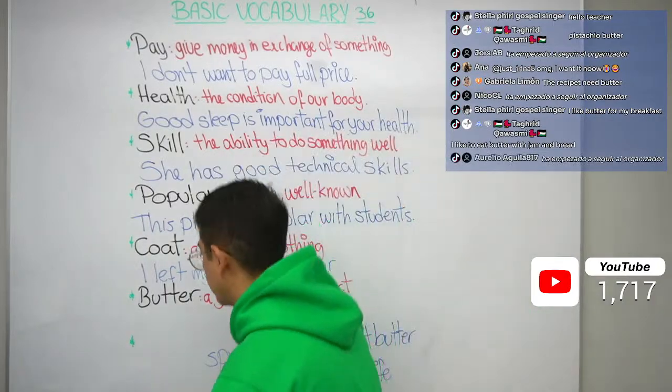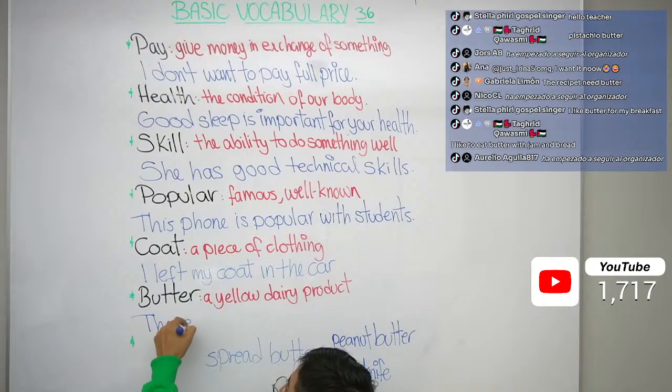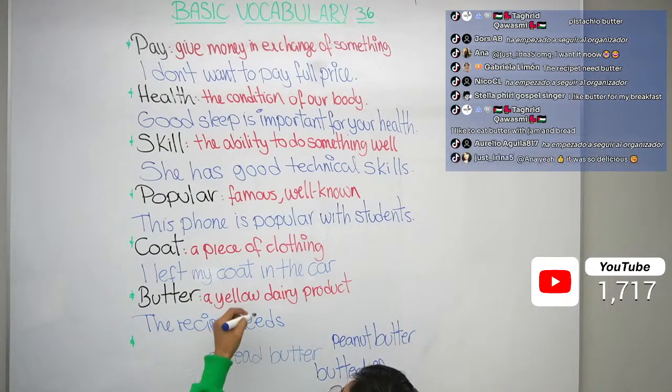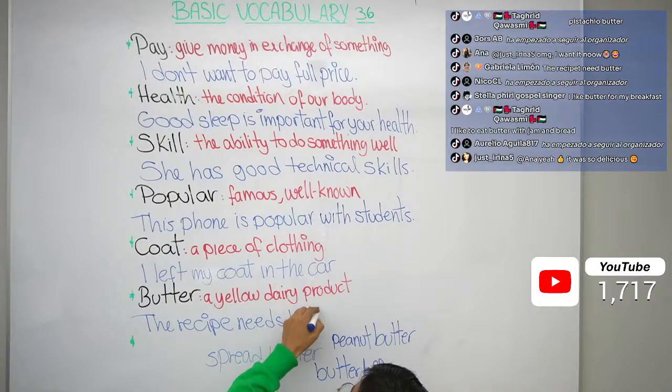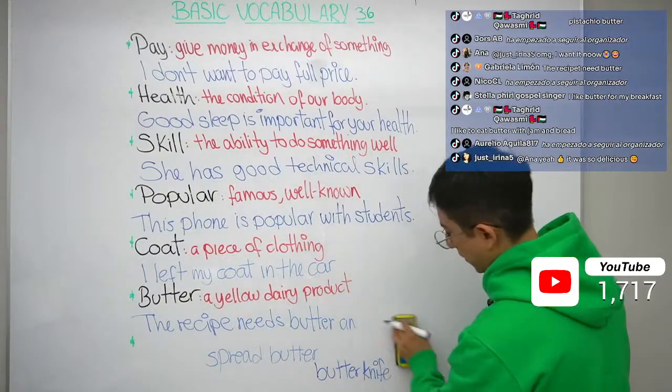Okay. Let's write it down, guys. The recipe, it means the instruction to prepare something, okay? Needs. Okay, the recipe needs butter and bread.